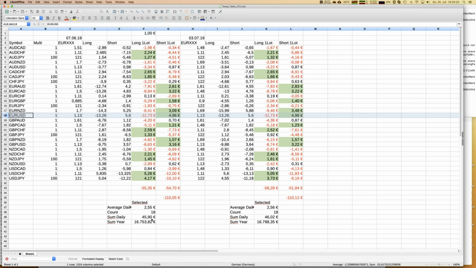Or if we have all the 18, then it's 45 or 46 euros per night, including now Saturday and Sunday, because, as I mentioned, Wednesday we have the 3-day swap, so it's really per day. Or if I multiply it by 1 year, now 365, not taking into account public holidays, there are only a few when markets are closed. Hey, we would earn 16,700 euros per year just with swaps.